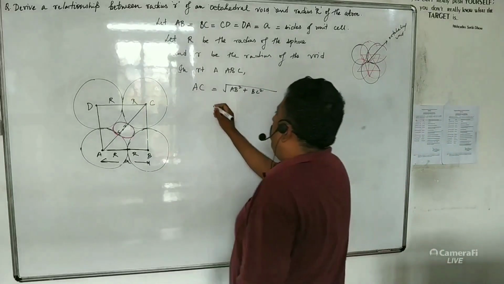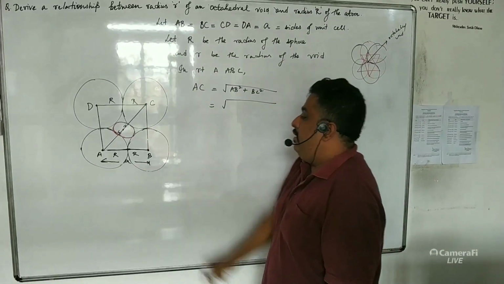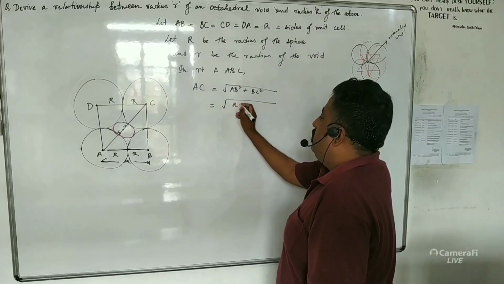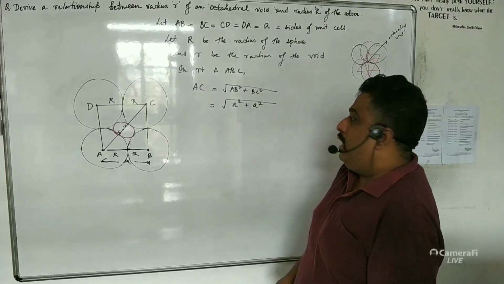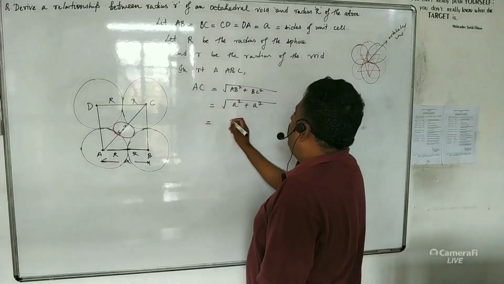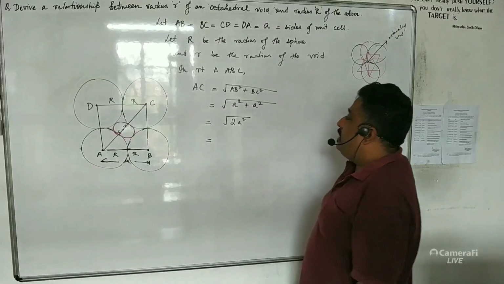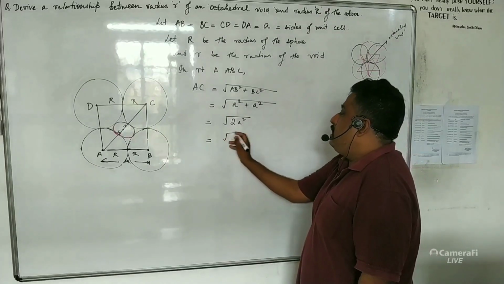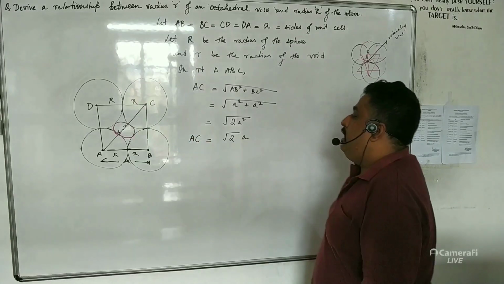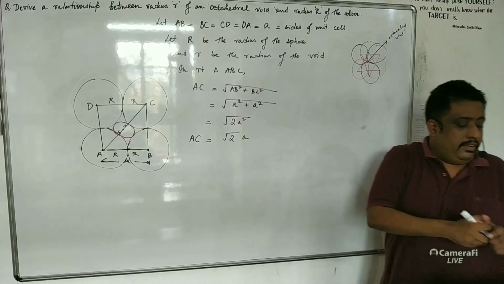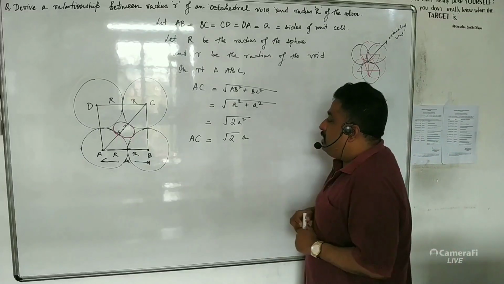So what is AB, बच्चों? AB is your A, edge length. What is BC? BC is also your edge length A. Now it's coming square root of 2A square, and that is nothing but root 2 A. Now बच्चों, AC is root 2 A. What is this A?